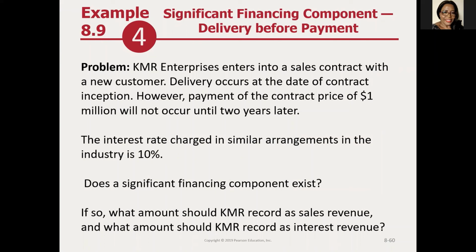Delivery occurs at the date of the contract inception. However, payment of the contract price of $1 million will not occur until 2 years later. The interest rate charged in similar arrangements in the industry is 10%. Does a significant financing component exist? If so, what amount should KMR record as sales revenue? And what amount should KMR record as interest revenue?